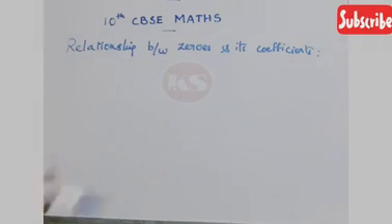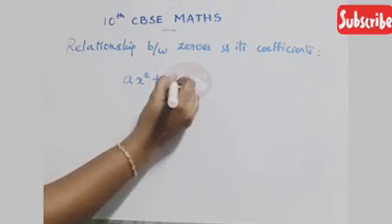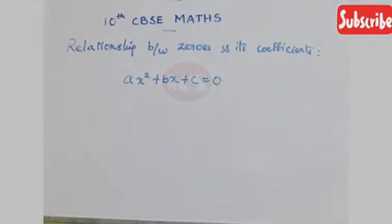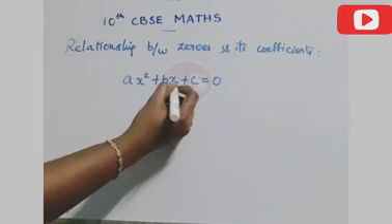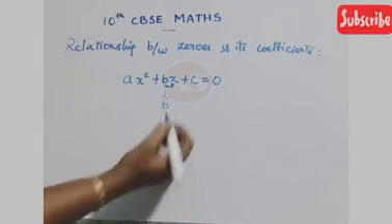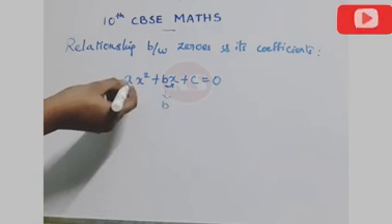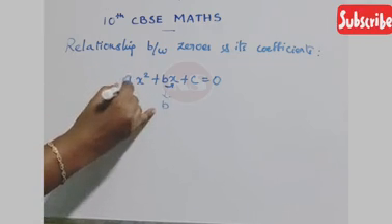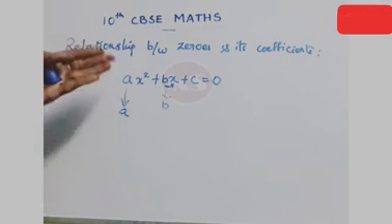What are the coefficients? If the equation is like this, the term next to x is called the coefficient of x, so the coefficient of x is b. In the same way, the term next to x squared is called the coefficient of x squared, so that is a. These are all the coefficients of the polynomial.